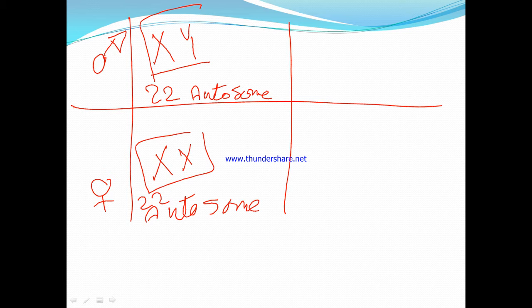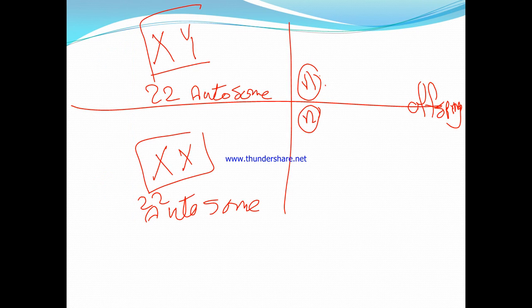Okay, the gametes formed by them have 22 autosomes, single, in here and in here. Okay, after formation of any gamete, it will combine with another forming an offspring.